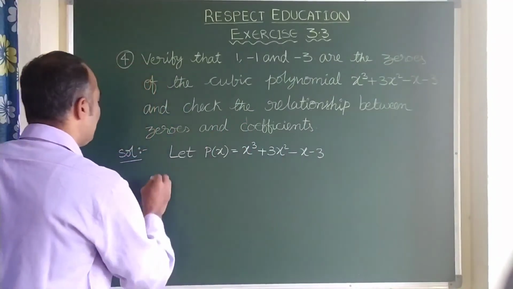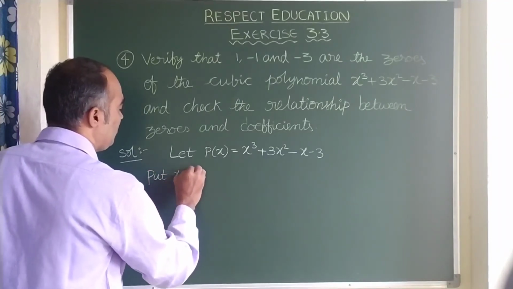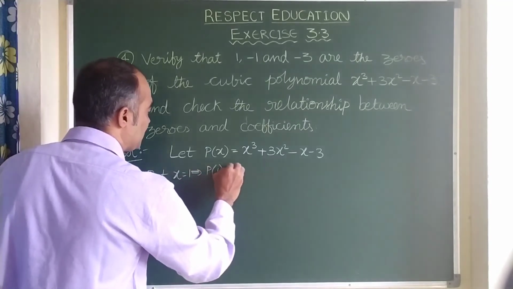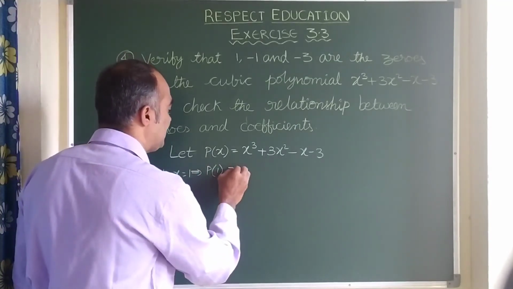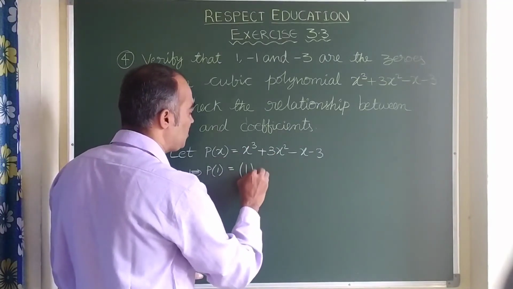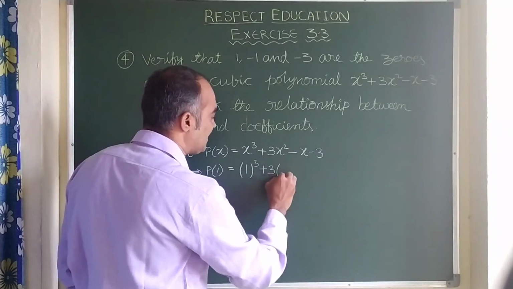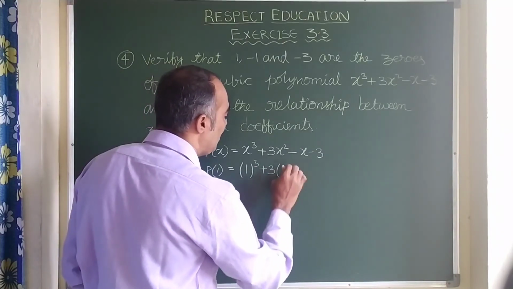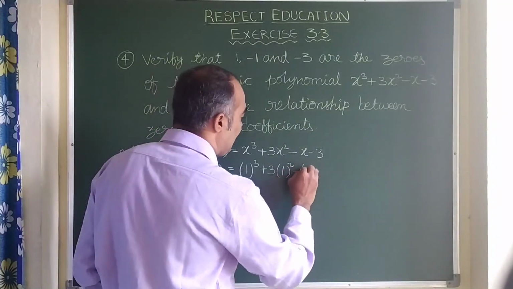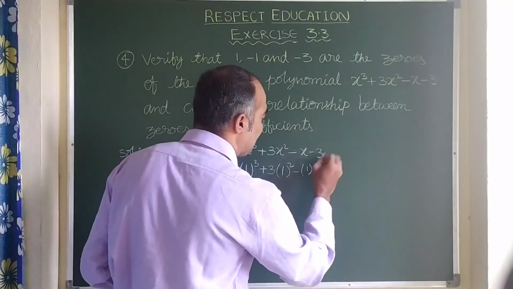So first we put x equal to 1, then p of 1 becomes 1 cube plus 3 times 1 square minus 1 minus 3.